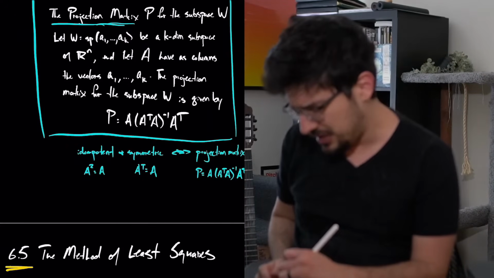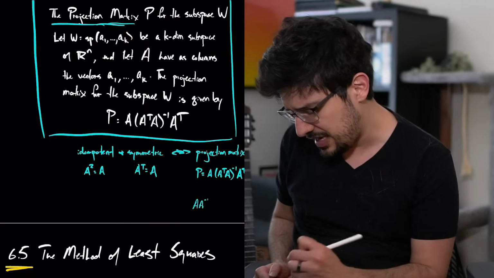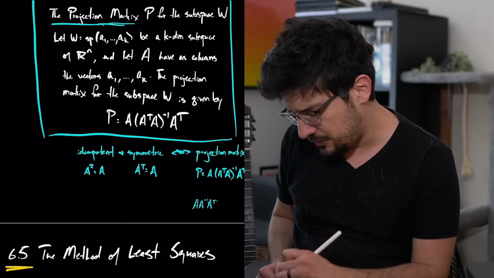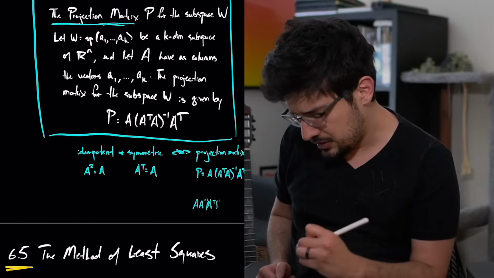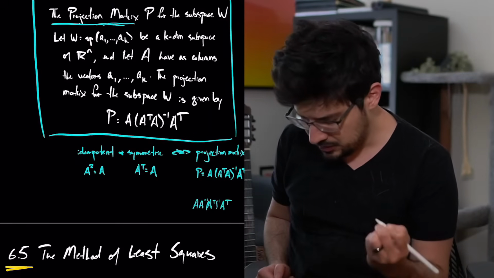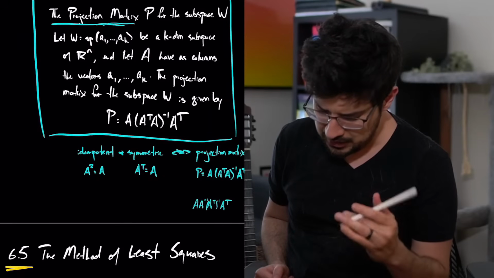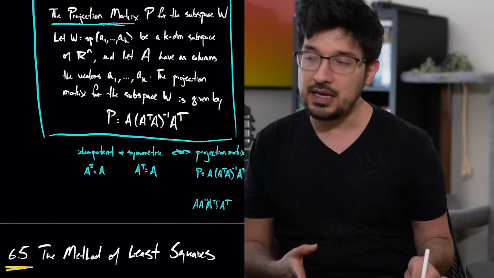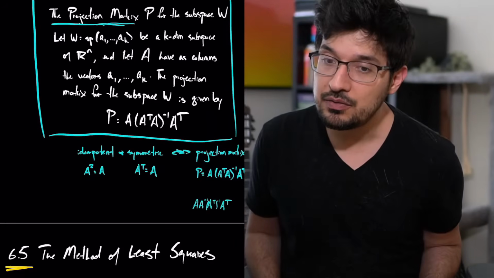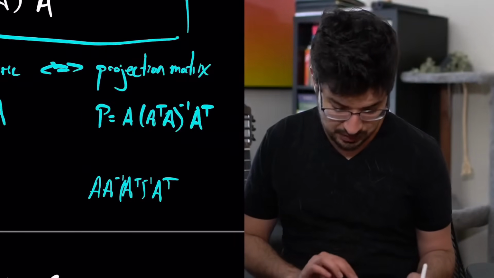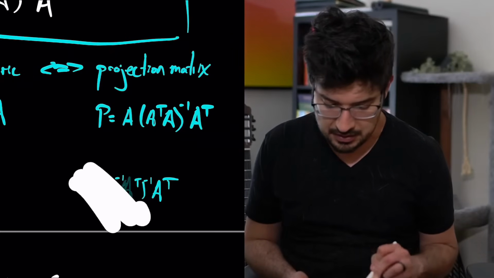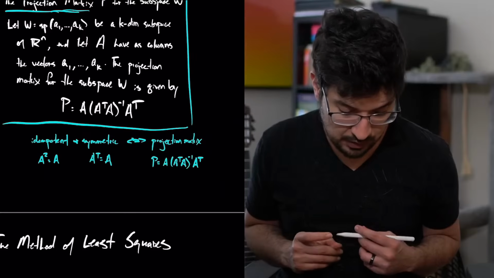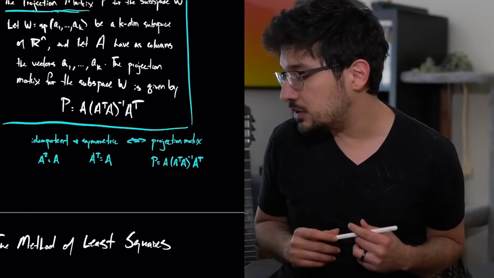Would it help me at all to try to think of this as A inverse A transpose inverse A transpose? I don't think so. And this is confusing because the matrix A is not necessarily square, so A inverse does not necessarily exist. A is not a square matrix in general.